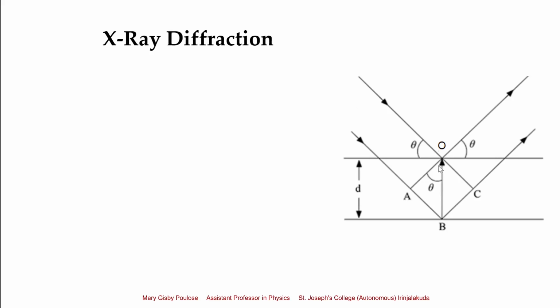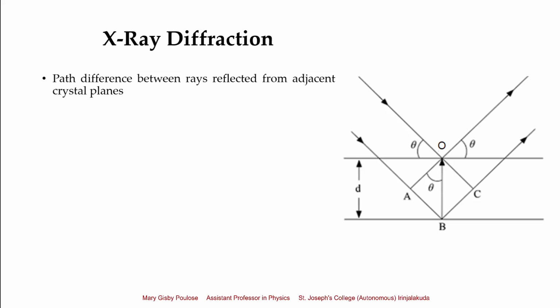Now consider the triangle AOB. Here angle B is 90 minus theta, angle A is 90 degrees, and hence angle AOB must be theta. Likewise, angle COB will also be theta.